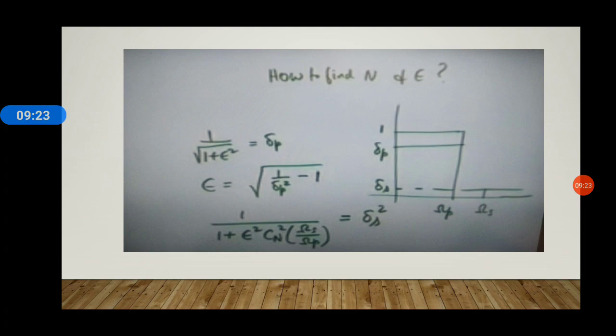Now previously I mentioned that del P here is 1 by root over 1 plus epsilon square. From here epsilon can be written as root over 1 by del P square minus 1, and 1 by root over 1 plus epsilon square Cn square omega S by omega P will be written as del S, because when omega is omega S, the magnitude is del S.